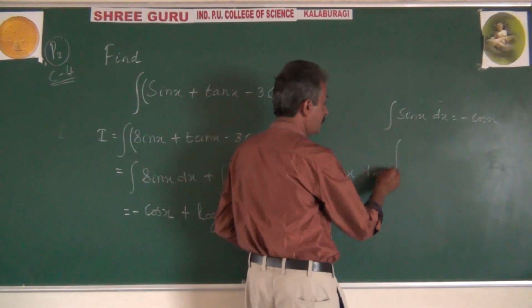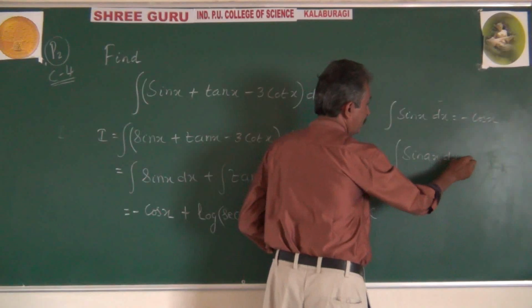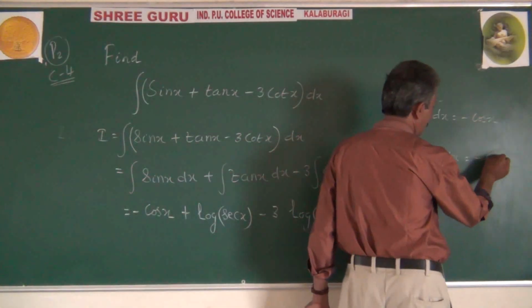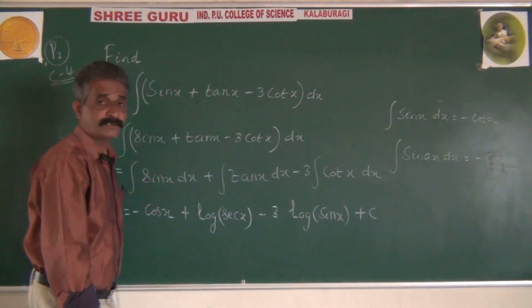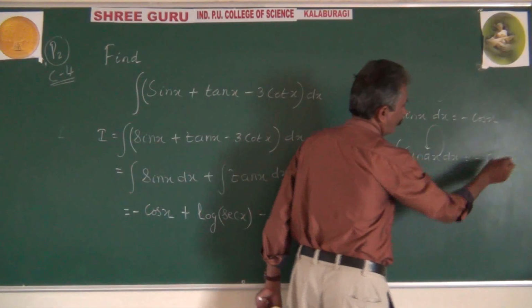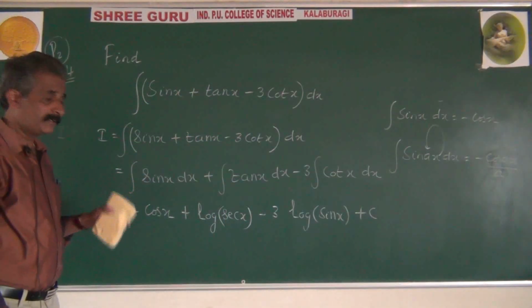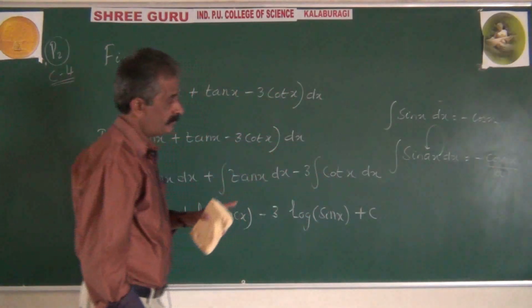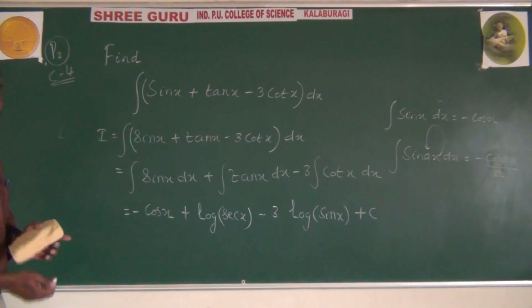And if it is integration of sin ax, then importantly the answer is no doubt minus of cos ax, and more importantly you need to divide by the coefficient of x, and that coefficient of x will be 2. In this problem, there is no question of any division, because in every case the coefficient of x is 1. That's why we don't have any division terms. Next problem.